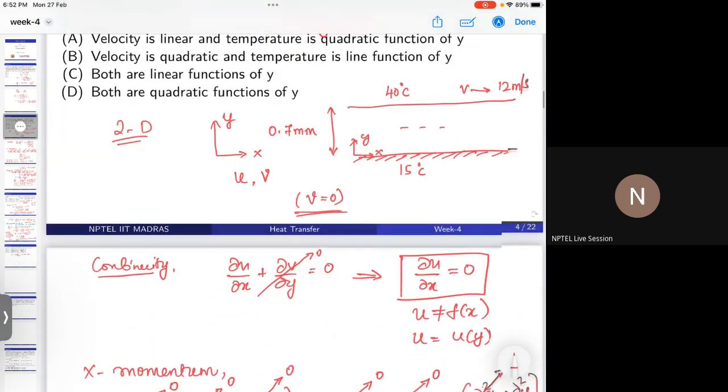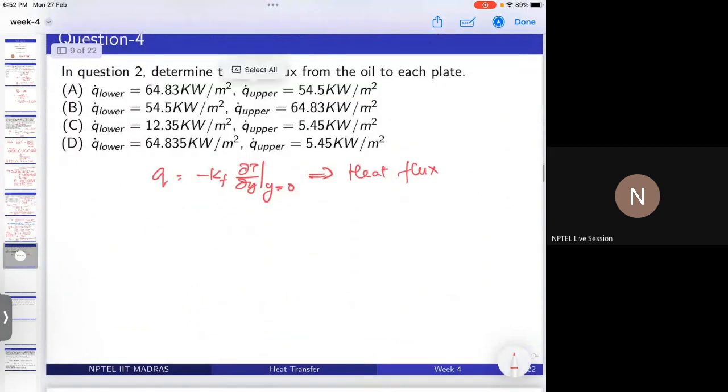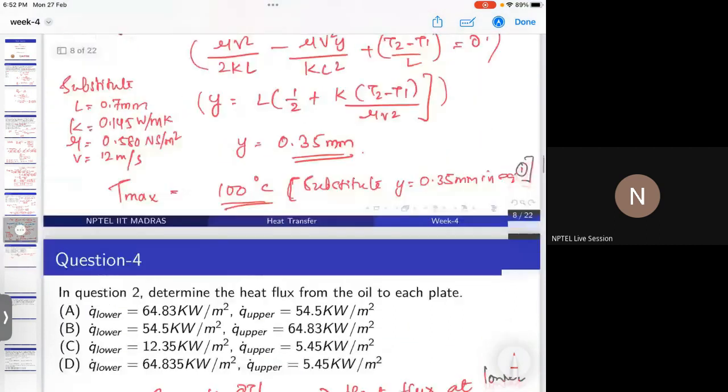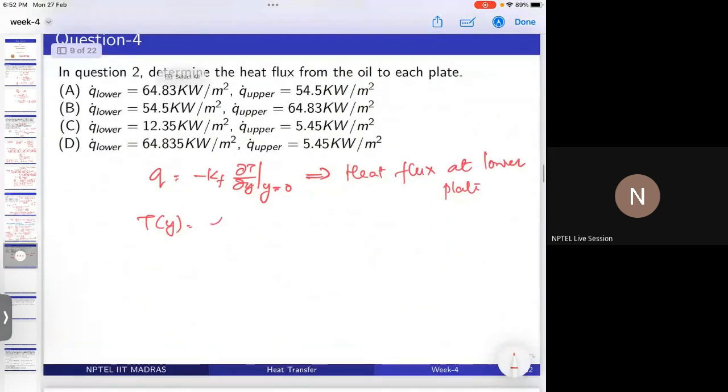Okay, so at y equal to zero, I am taking my lower plate. I will get the heat flux at the lower plate. The temperature profile I already know: T of y is equal to mu v square divided by 2 k l square times (y l minus y square) plus (t2 minus t1) by l times y plus t1.